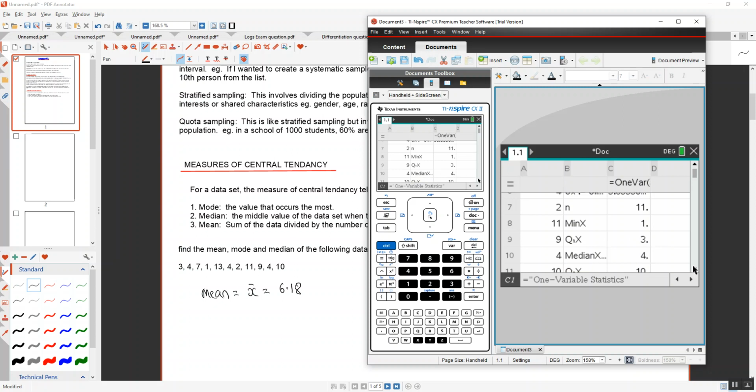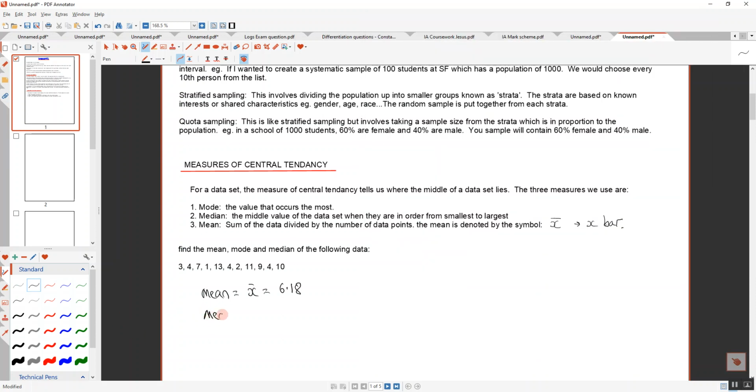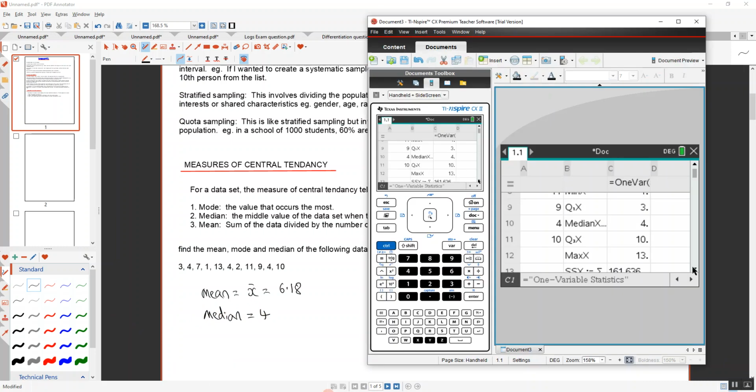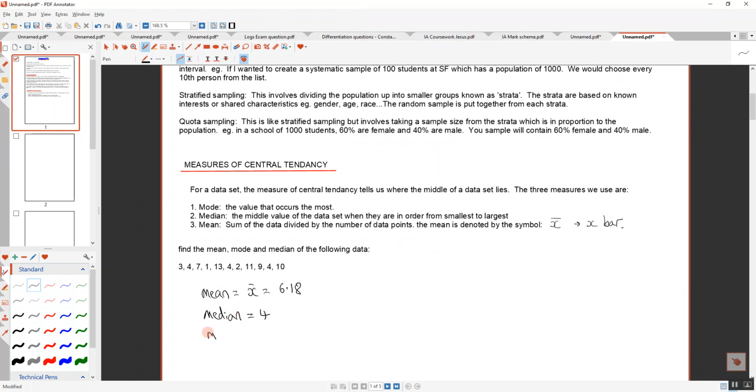Our median is 4. And our maximum value is 13. We'll talk about this as well later. Now, it doesn't give us our mode, but we can just read off that our mode is 4.